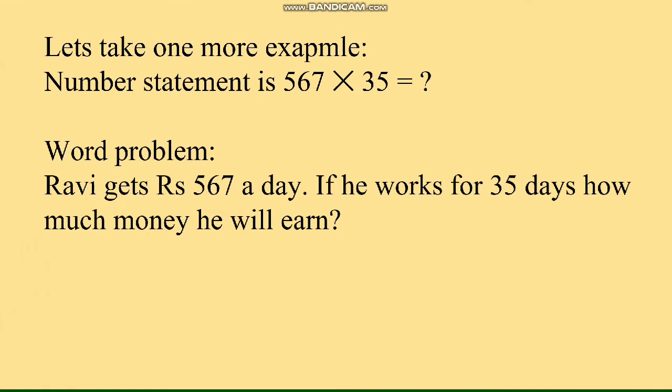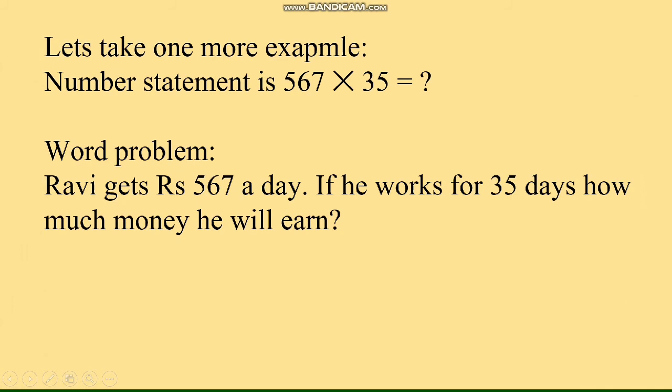Now let us take one more example. Now over here the number statement is 567 multiplied by 35. For this we can make a simple word problem like: Ravi gets rupees 567 a day. If he works for 35 days, how much money will he earn?